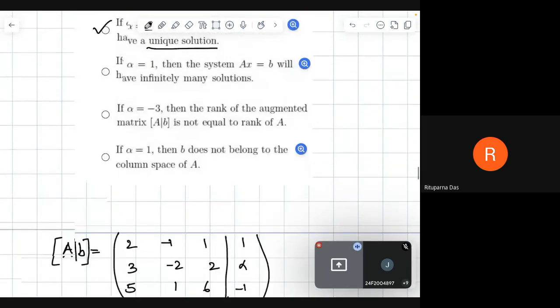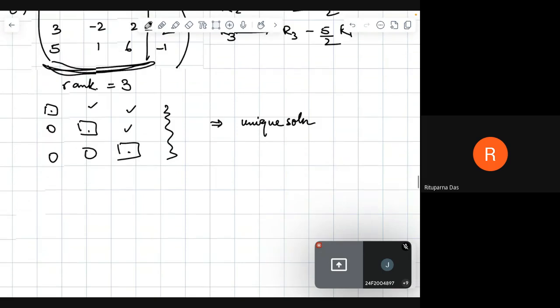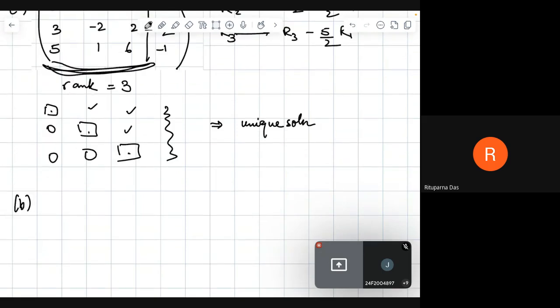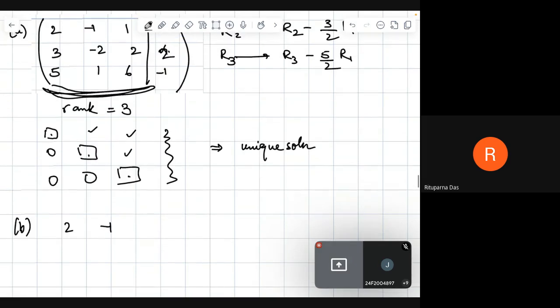Okay, so what is the next one? The next one says that infinitely many solution. For alpha is equal to 1, infinitely many solution, right? The value of k is the same one.